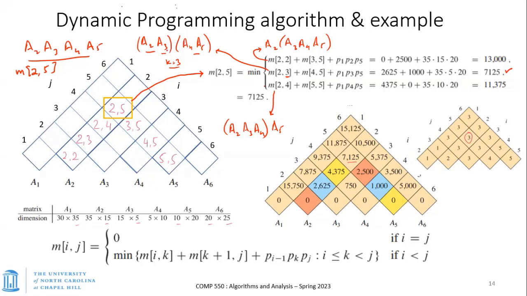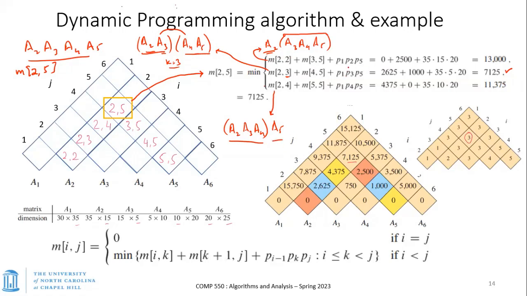You could either do A2, A3 times A4, A5: compute this, and then multiply these together. Or you could say, let's do A2 and then multiply it with the result of A3, A4, A5. And similarly, you could put the parentheses over here, where A2, A3, A4 is done first, and then A5.